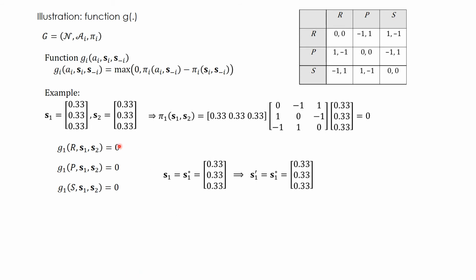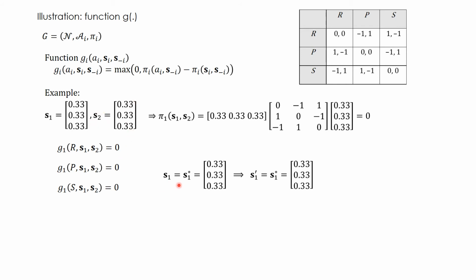On the other hand, if the opponent, agent 2, were playing Nash equilibrium and so was agent 1, then the values of G1 would be zeros for each of the pure actions R, P, S. And so there's no need to move away from the Nash equilibrium strategy in this case, because agent 2 is also playing the Nash equilibrium strategy.